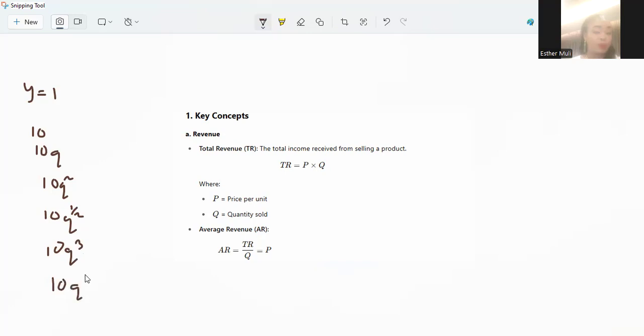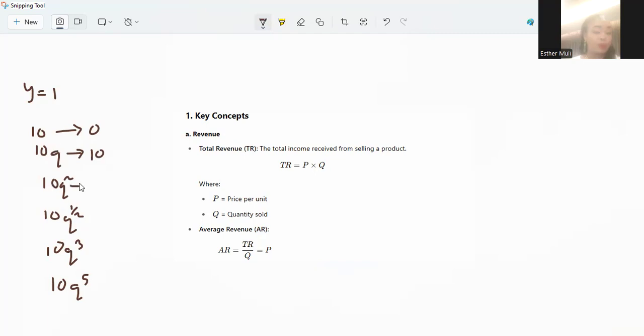Let's differentiate these quickly. The derivative of a constant is 0, so when you differentiate 10, it is 0. 10Q is 10, because 1 times 10 is 10, and 1 minus 1 is 0, so you remain with the 10.